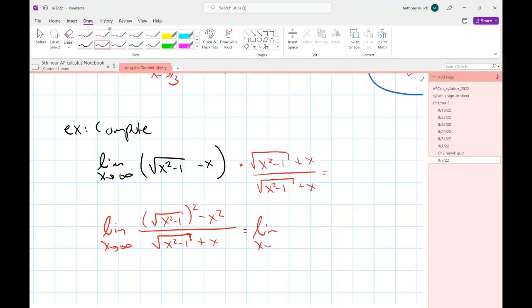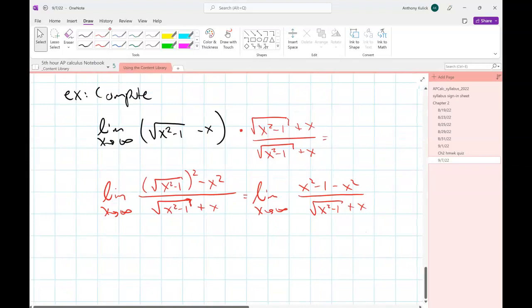So far, so good. Whoa! This thing scared me. Look what happened. Look at that numerator.